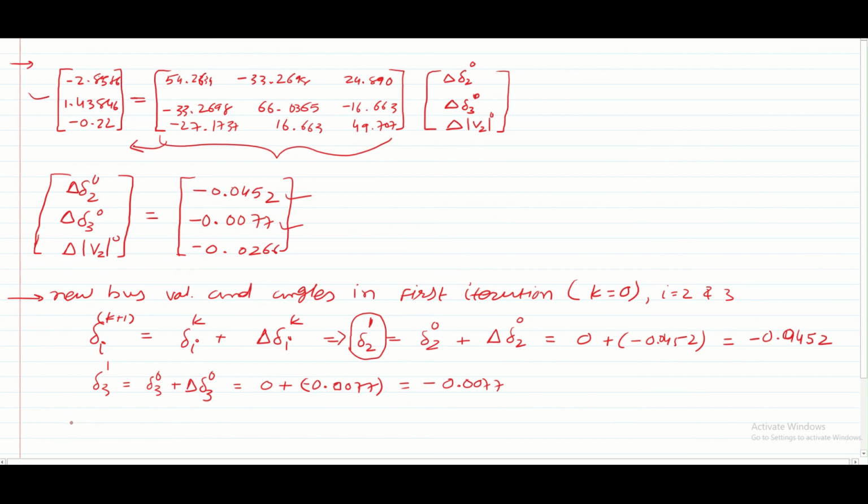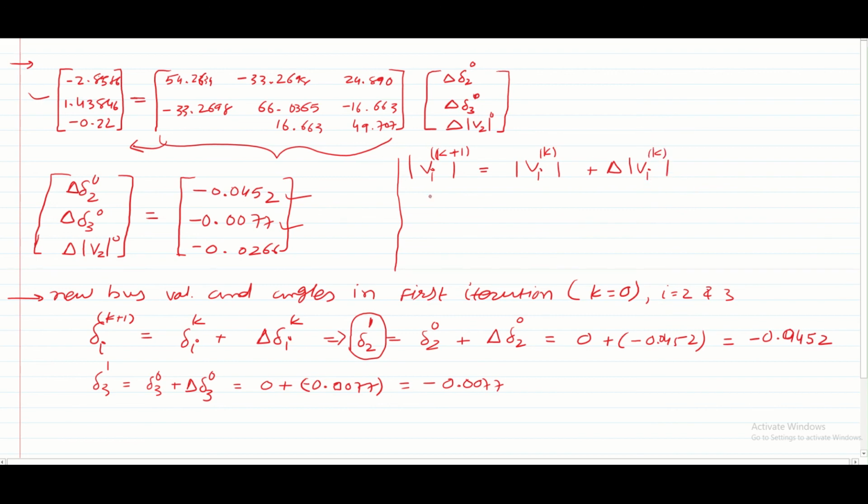So here we will calculate using the equation. I will write the generalized equation: V_i^(k+1) is equal to V_i^k plus the change in V_i at the k-th iteration.